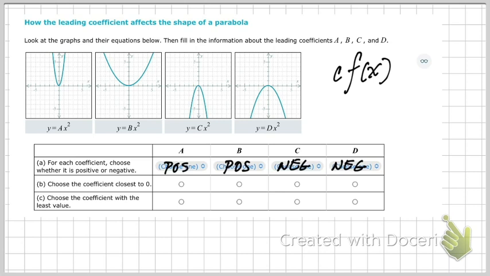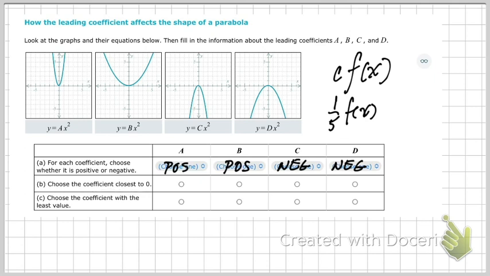Does that make sense? Like if I go 1/2 f of x, that's shrinking the function down. If I go 1/5 f of x, that's shrinking the function down even more. So that's what's going to get me close to 0, which one shrinks the function the most.